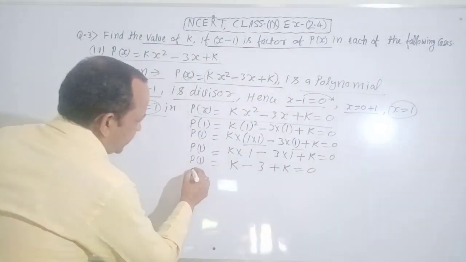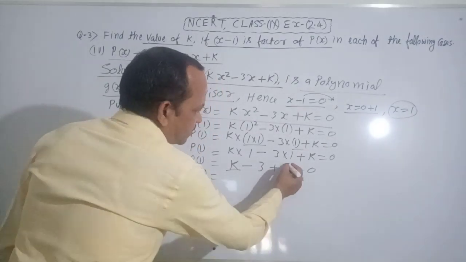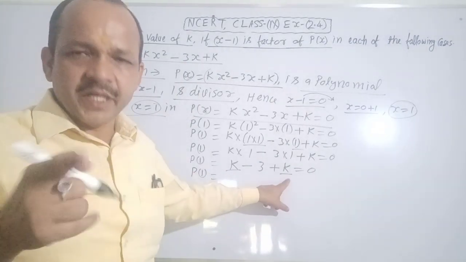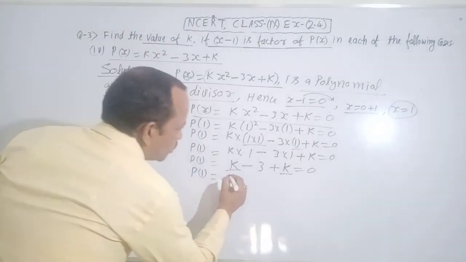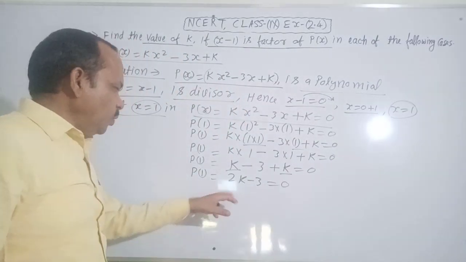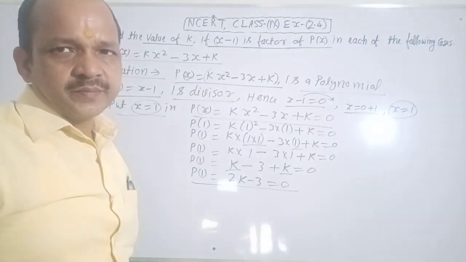You can write p(1) equal to, here k and k, you add them, k and k added become 2k. 2k minus 3 equal to 0.